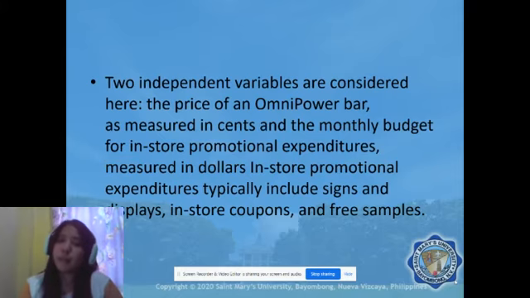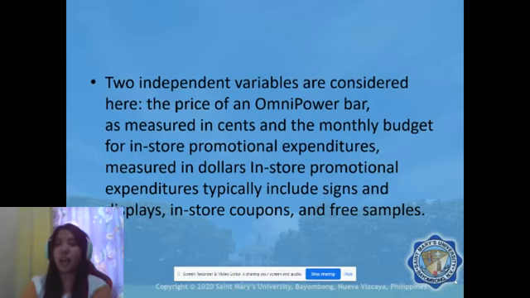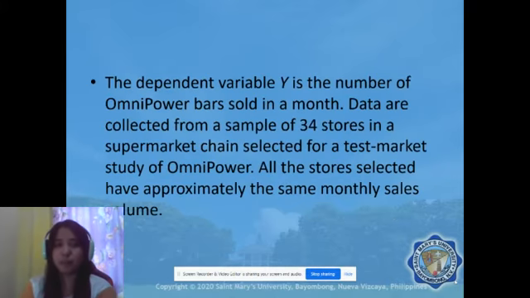And we have two independent variables that will be considered in this problem. The first one is the price of an OmniPower bar as measured in cents, and the second is the monthly budget for in-store promotional expenditures, measured in dollars. In-store promotional expenditures typically include signs and displays, in-store coupons, and free samples.